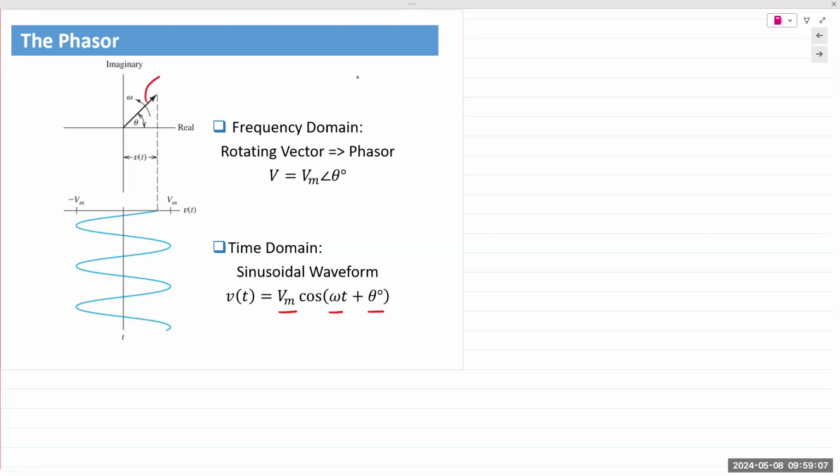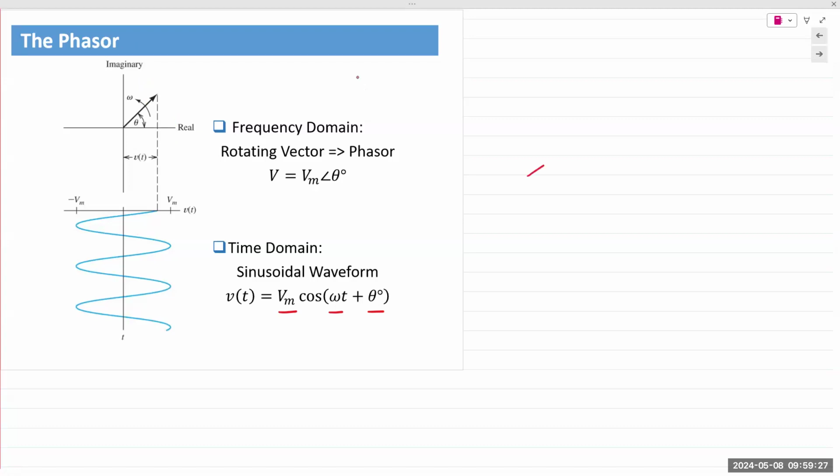Now, what does a vector need to describe it? Magnitude and direction: the length, and the angle it makes with the real axis. We have the real axis on the x and imaginary on the y.